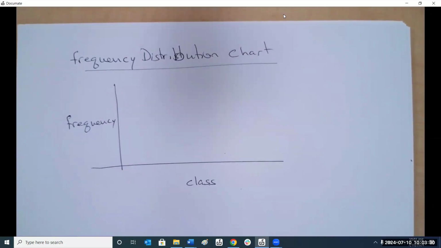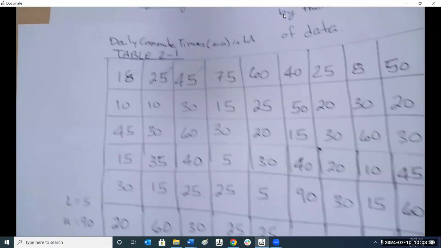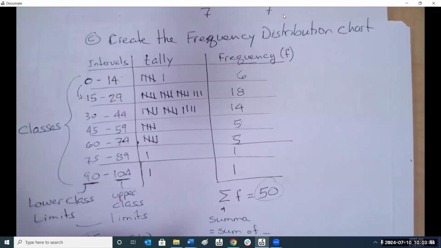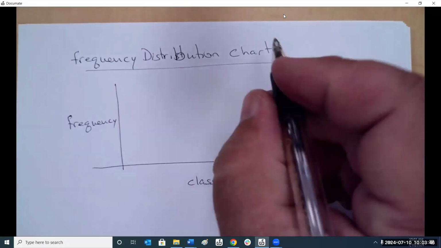What it's going to do is take our data that we have there and put it in a frequency distribution chart.